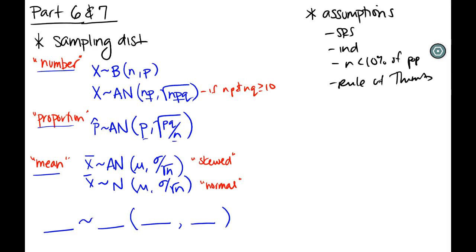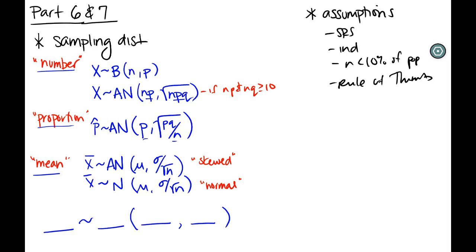That rule of thumb is NP and NQ greater than or equal to 10, NP-hat and NQ-hat greater than or equal to 10, or NP-not and NQ-not greater than or equal to 10, depending on what type of thing we're doing for proportion. Or for a mean, remember our N needed to be greater than 30 for the Z methods, which we'll never do again. So really greater than 40 or originally looking fairly symmetric. So those were our assumptions.